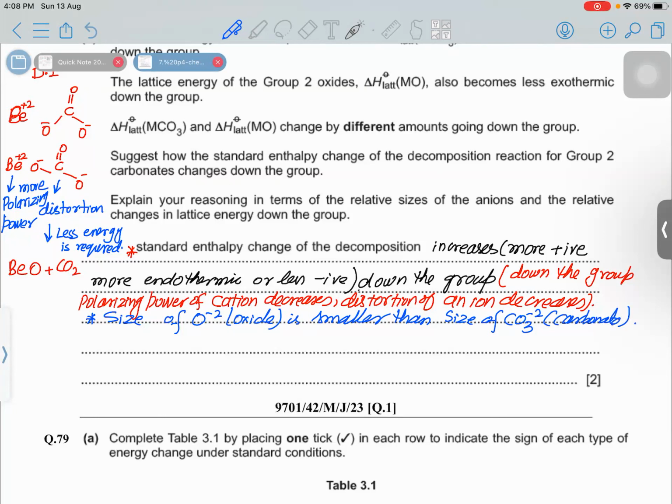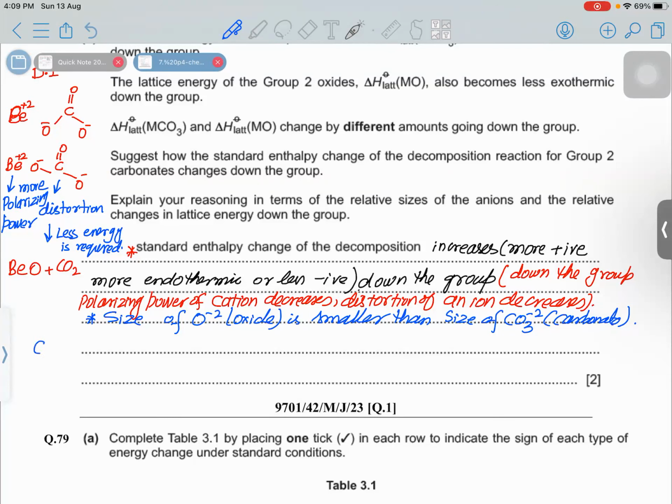Oxide or carbonate? Oxide, sir. Okay. You know that lattice energy is exothermic, right? So which one is faster? So carbonate will be easily decomposed. Carbonate will decompose easily.